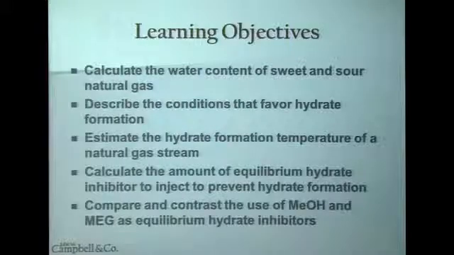We also figure out how to estimate the hydrate formation temperature of a natural gas stream, and we calculate the amount of equilibrium hydrate inhibitor that one would need to inject in order to prevent hydrate formation in a pipeline. We end this session by comparing and contrasting the use of methanol and monoethylene glycol as equilibrium hydrate inhibitors.